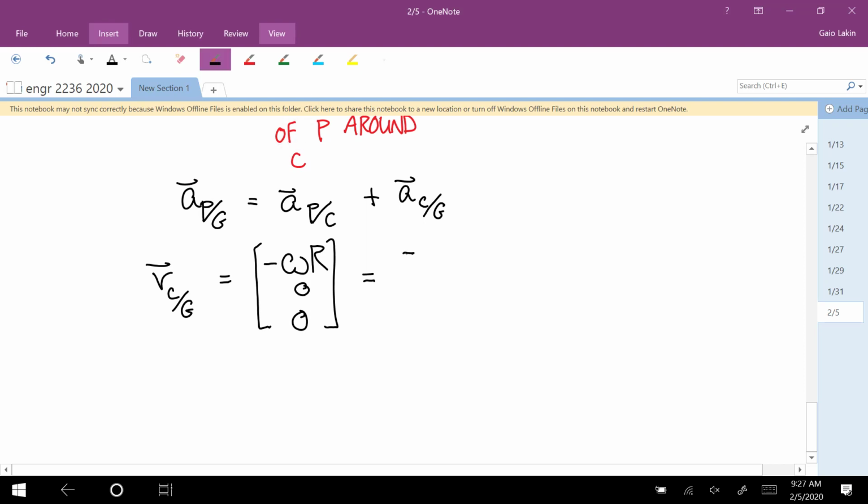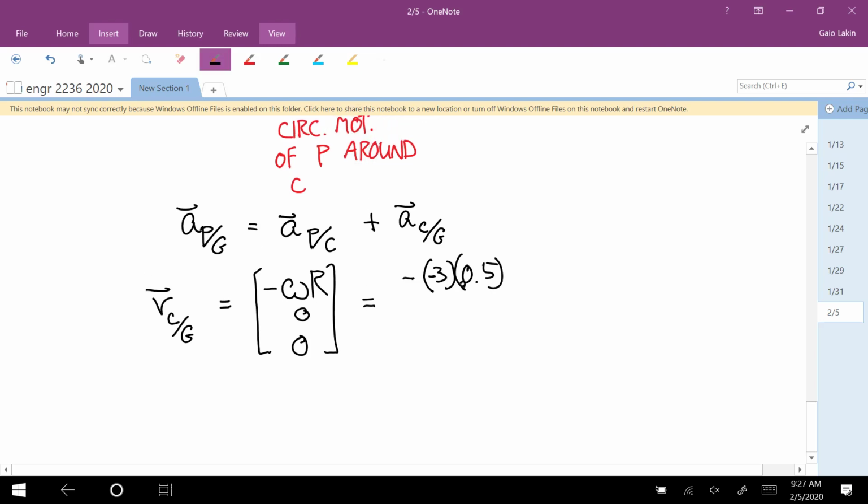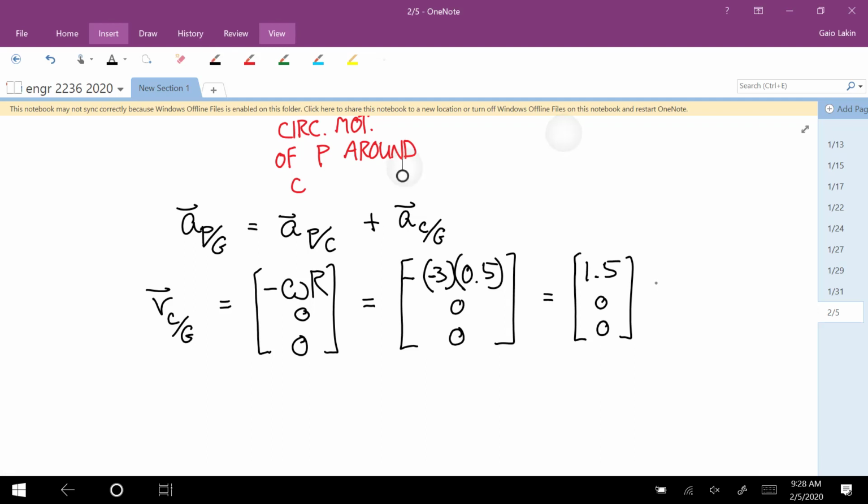So we have negative of negative 3 times 0.5, 0, 0. And so that's positive 1.5, 0, 0. So that's the velocity of the center observed by the ground.